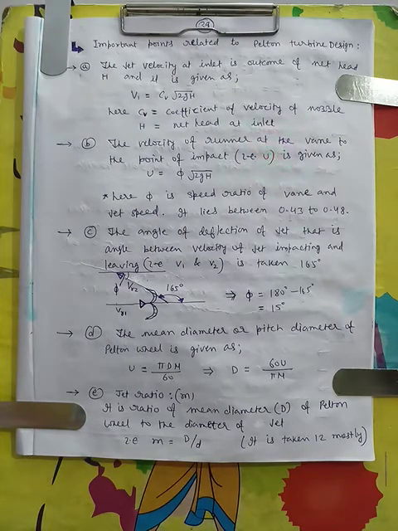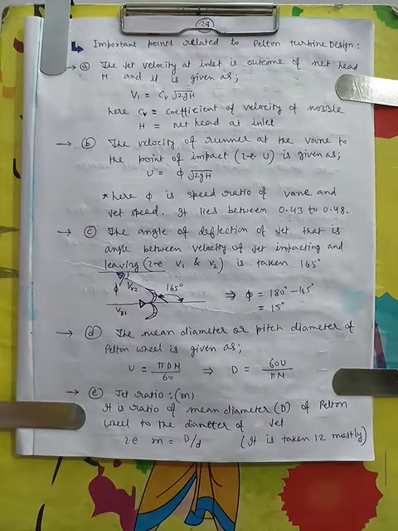In last class we saw the constructions of Pelton wheel and their important parts and their function, and we also saw how to determine the work done by the jet on the runner, that is the power supplied by the jet to the runner.